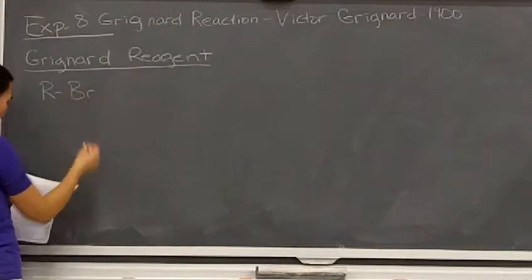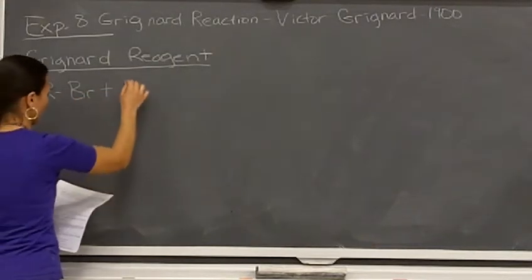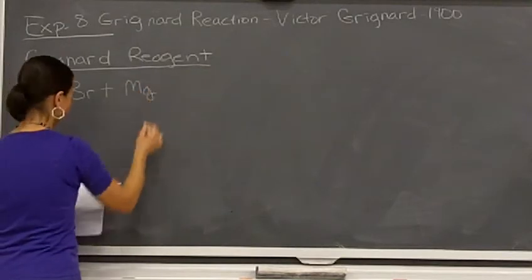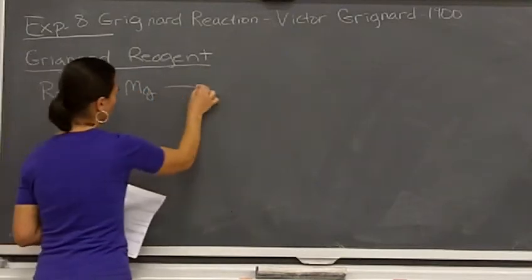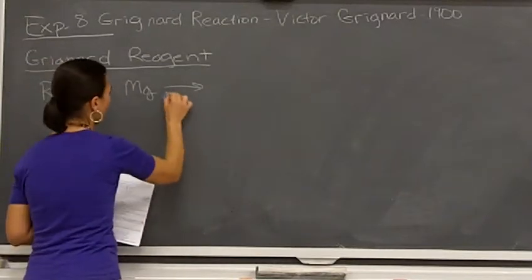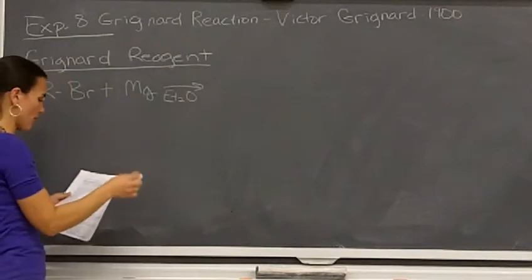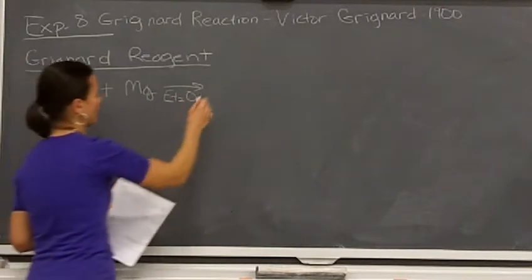We're going to use an alkyl bromide. Bromides tend to work really well. Iodides, okay. Chlorides, okay. Usually people are using the alkyl bromide. We're going to use ether as our solvent. We'll talk about here in a minute why that is.